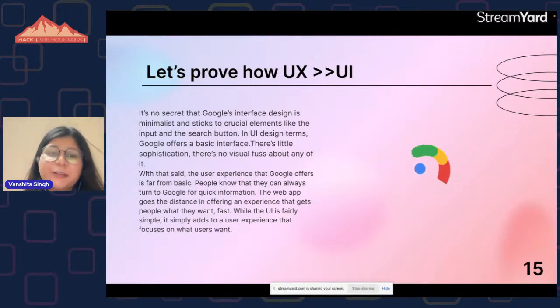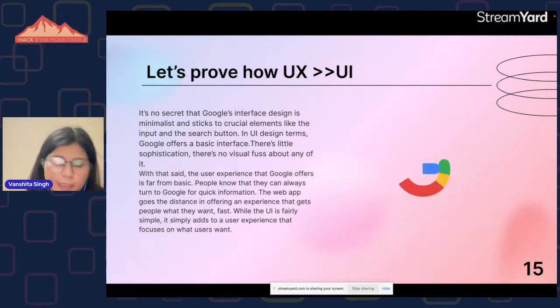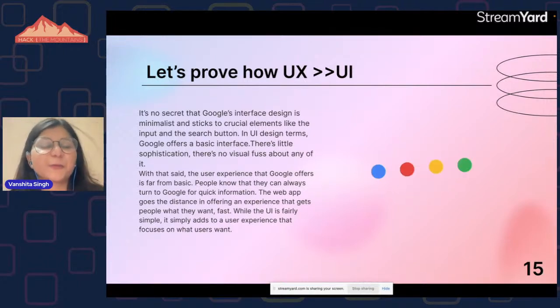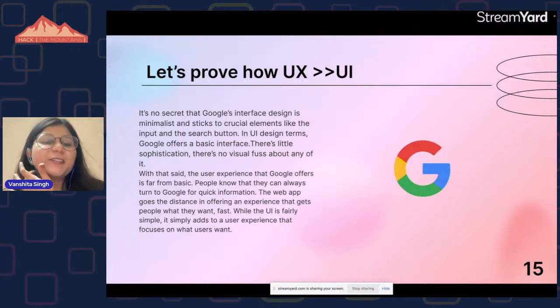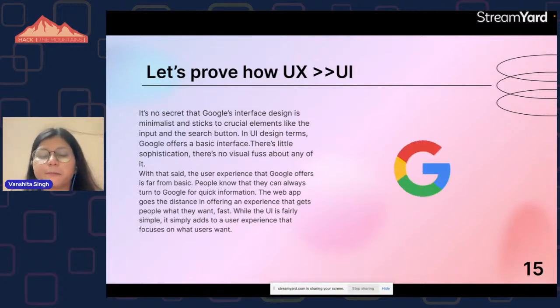Still, if you have doubt about how that is, that UX is not greater than UI, or UX is not equal to UI, I think you will believe me now, because there's Google Baba to prove it. It's no secret that Google's interface design is minimalist and sticks to crucial elements like the input and the search bar.